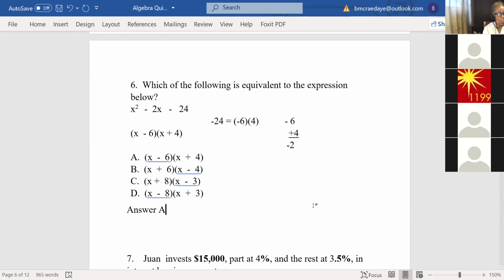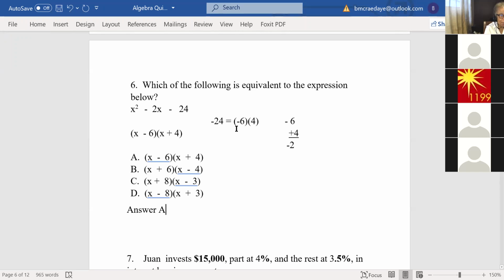So the rule is, when this is a 1, the coefficient on your x squared, then take the constant, get its factors, and if they add up to give the coefficient of the x, that's correct.